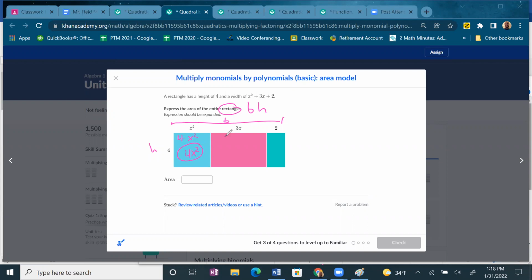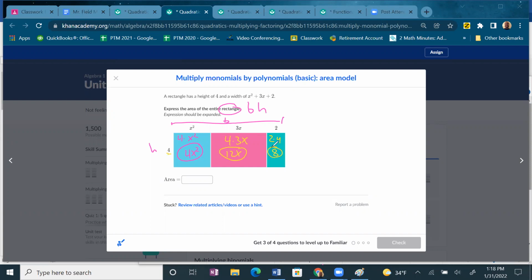How about this box? We're multiplying 4 times 3x. What is 4 times 3x? 12x. And in this last box, we're multiplying 2 right up here times the 4 all the way over here, which is 8.